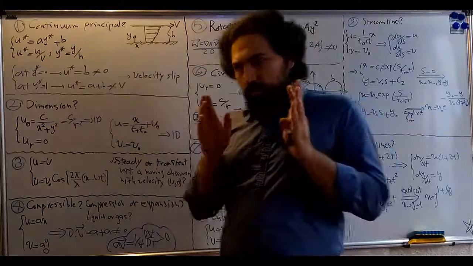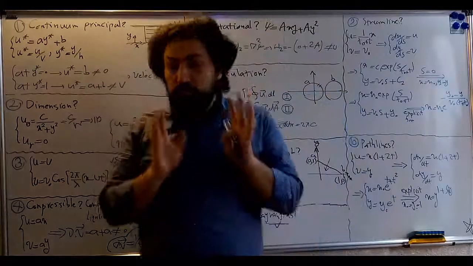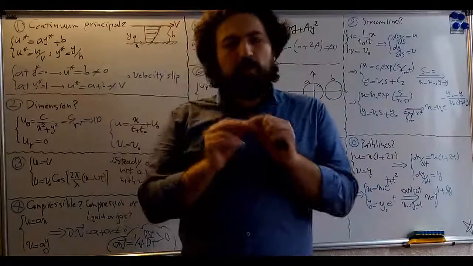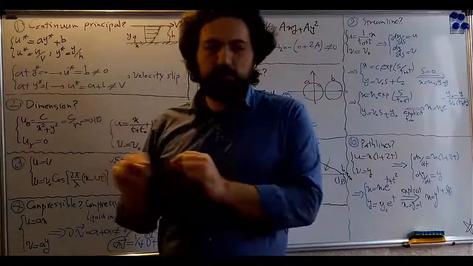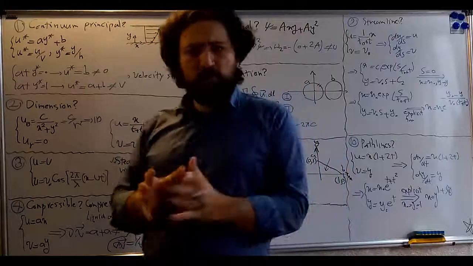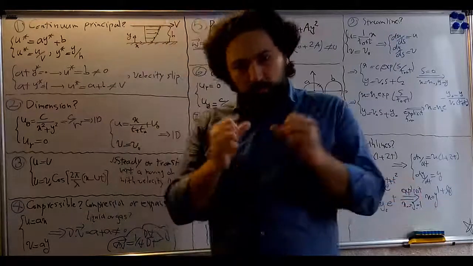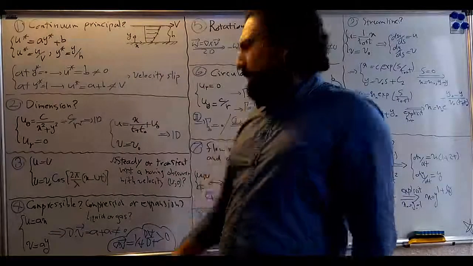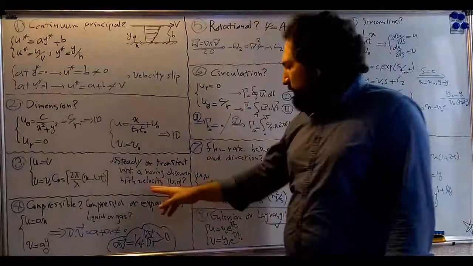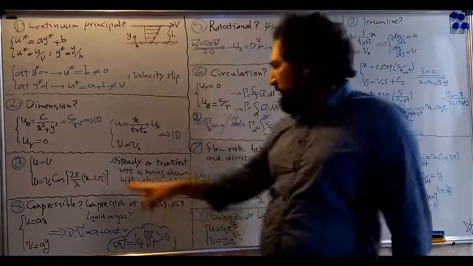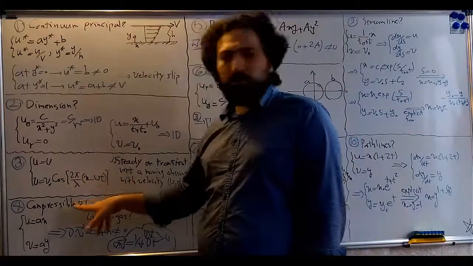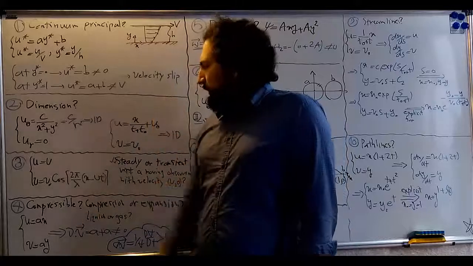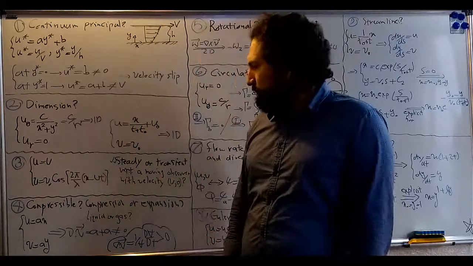So always remember that steadiness is related to the reference frame. When I ask you about the steadiness of a velocity field, you have to ask me with respect to which coordinate. Here, the observer moves with the velocity of u, so this term is 0, and the cosine of this term is unity, and the vertical velocity is again 0.